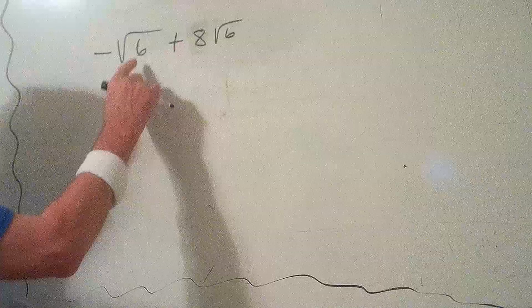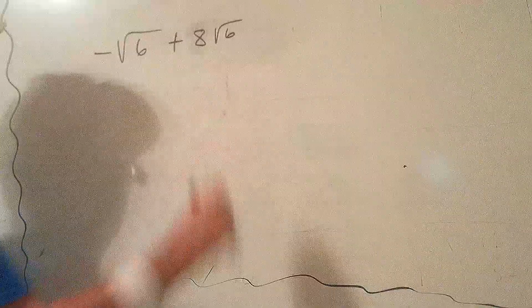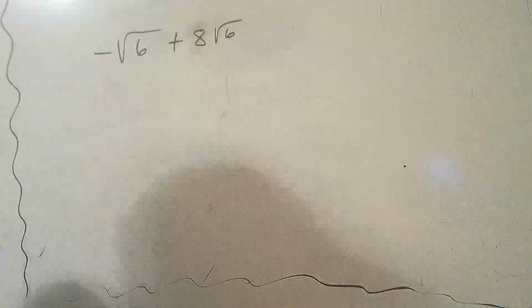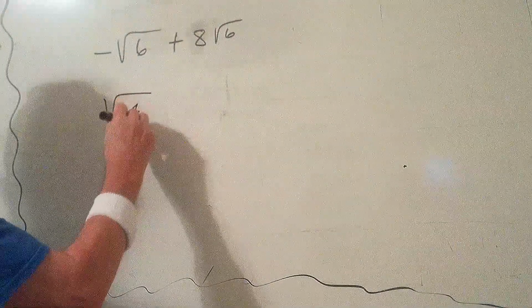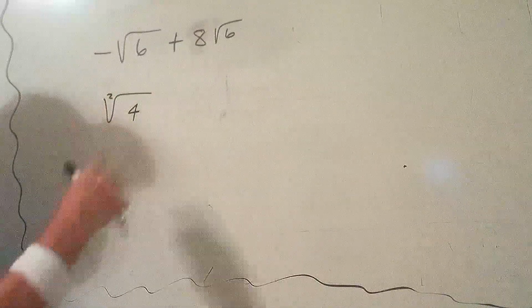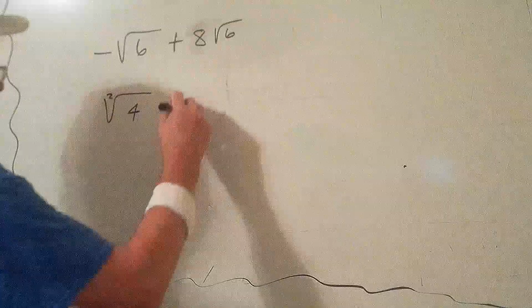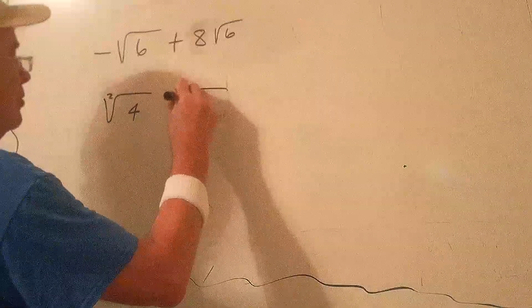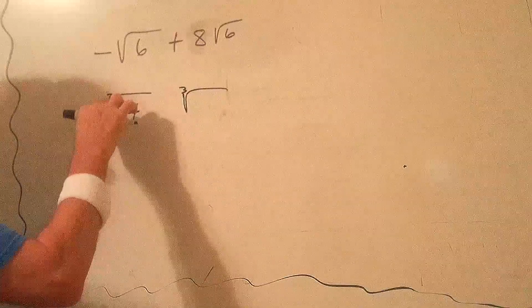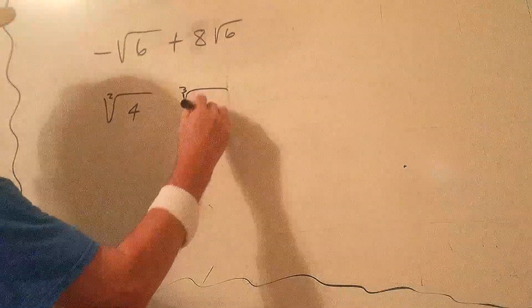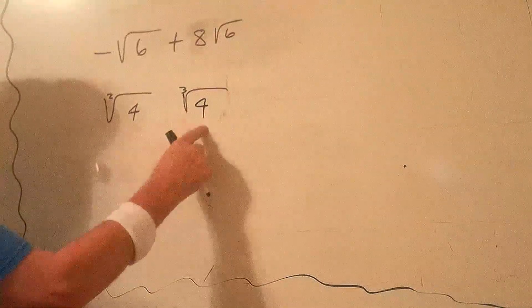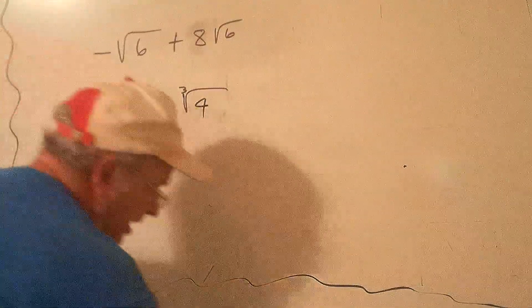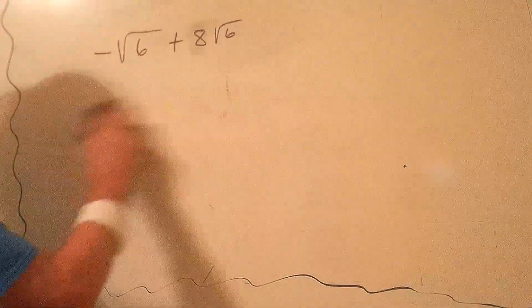Remember, the radicand is the number underneath the radical. And the same index. Now the index is, if we have the square root of 4, there's actually a 2 there, we don't write because we don't have to. And the cube root, those are the indexes. Now would these be like terms? No, because the radicands are the same, but the indexes are not. So those are not like terms.